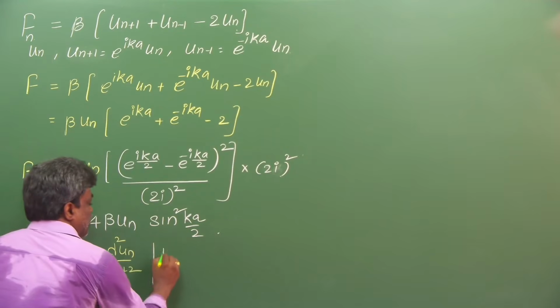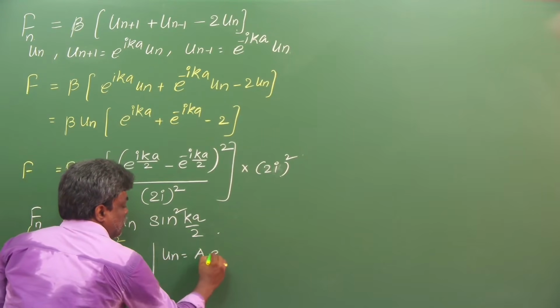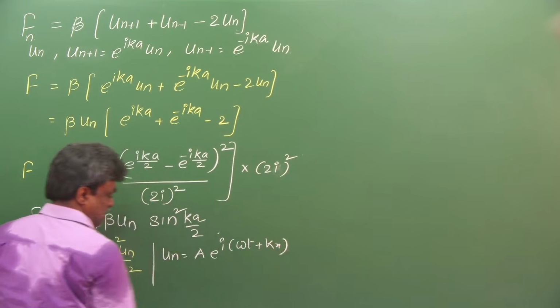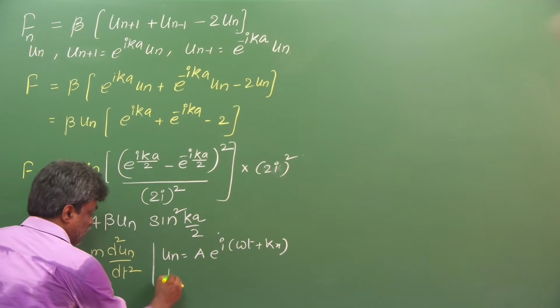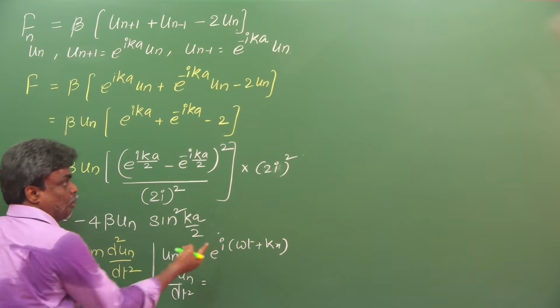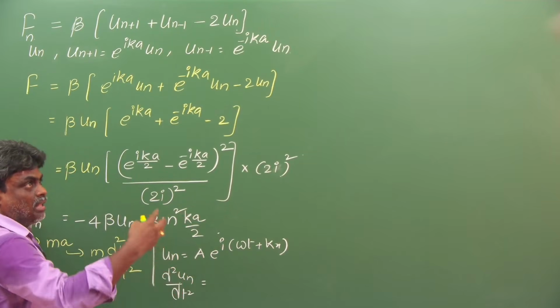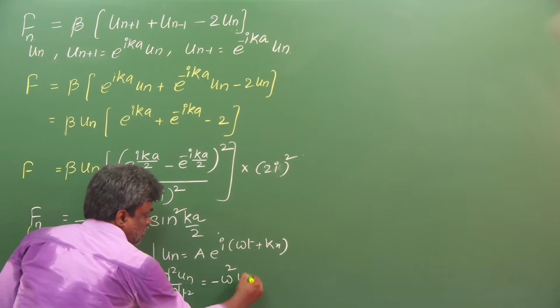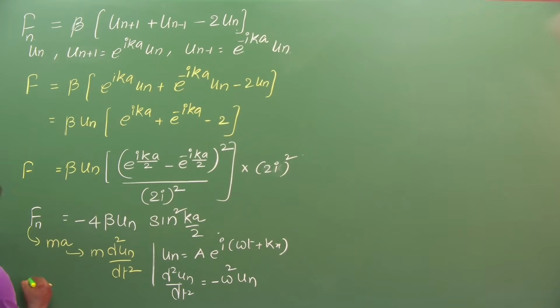Now everybody knows un equal to some amplitude e raised to i(omega t plus kx). Then d square un by dt square: one time derivative gives i omega, another time derivative i omega, finally this is nothing but minus m omega square un.